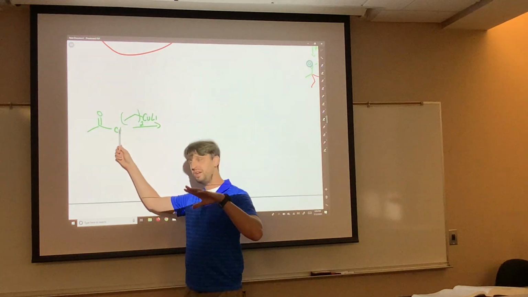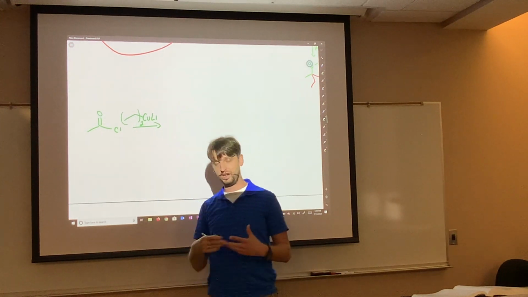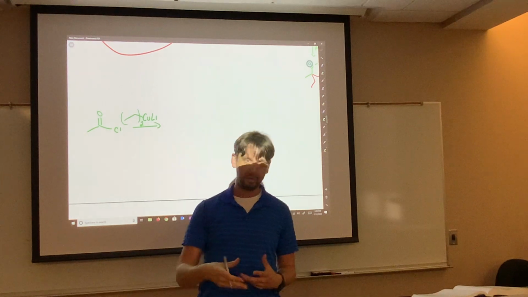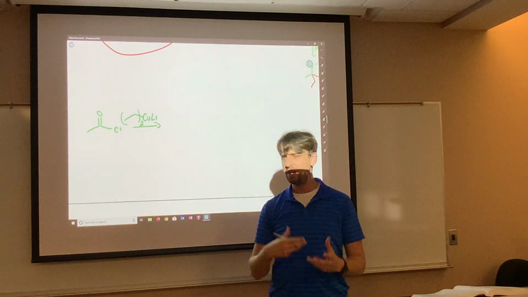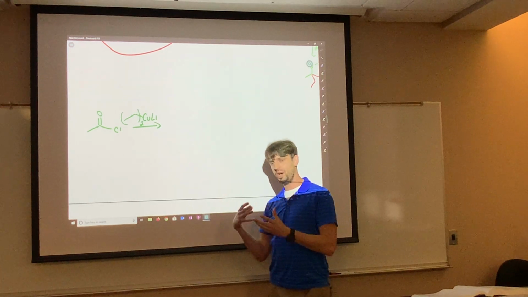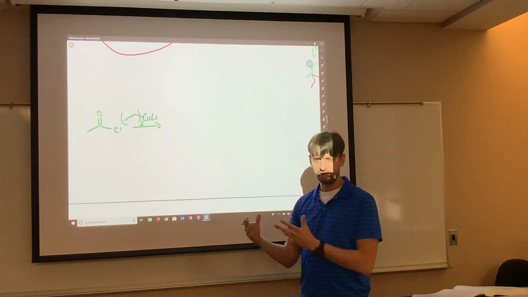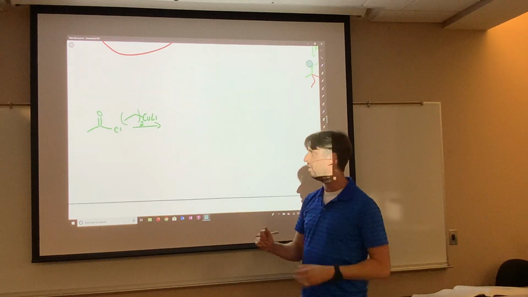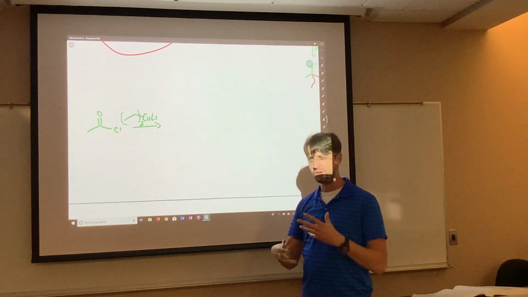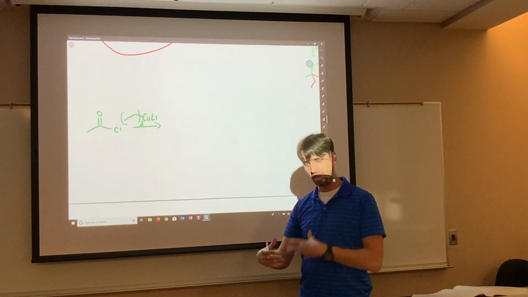In essence, this is still a carbon with a lone pair and a negative charge. But because it's bound to that copper, it changes the reactivity of this, right? Whereas with the Grignard, it was bound to magnesium, we can think of it as almost exclusively a base or a strong nucleophile. Here, it's definitely more nucleophilic, not as much of a base, not as reactive, not as negative is all I'm trying to say.